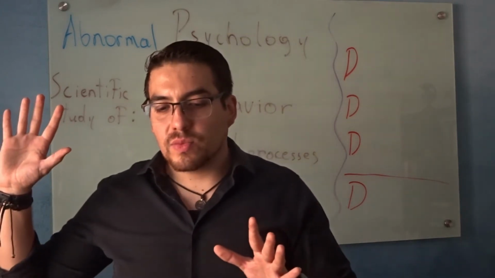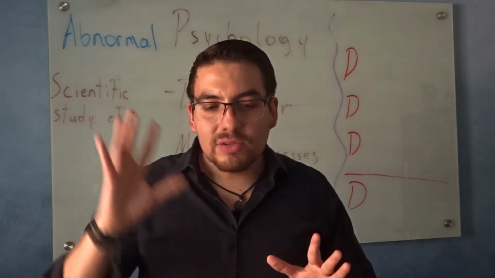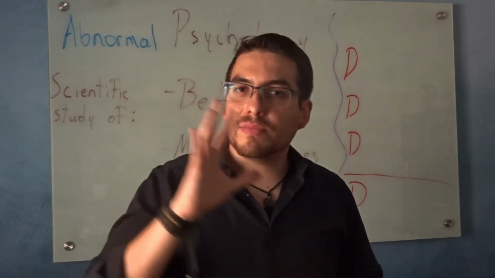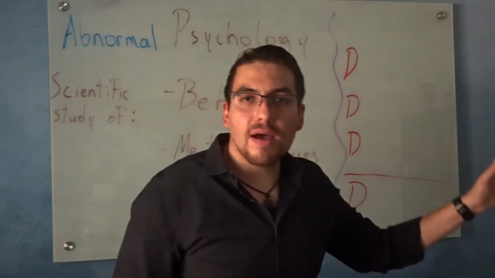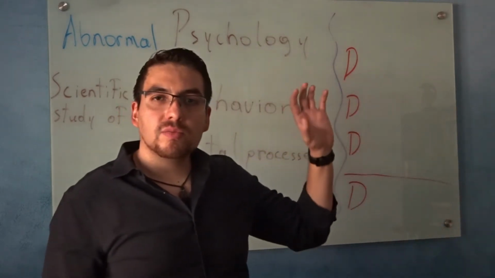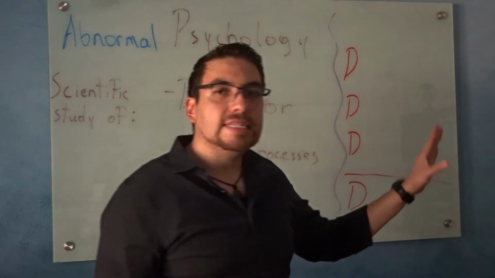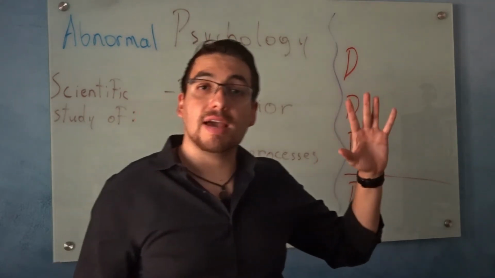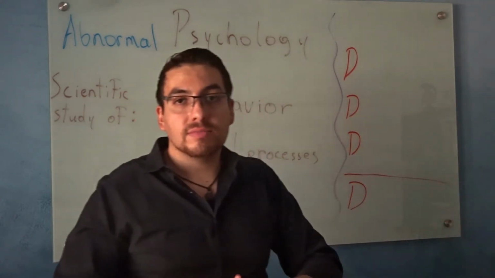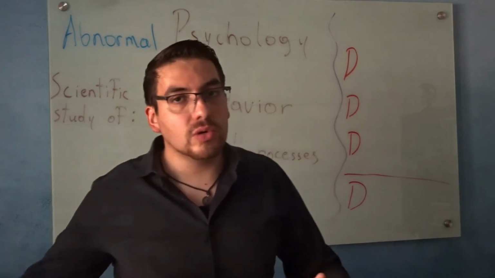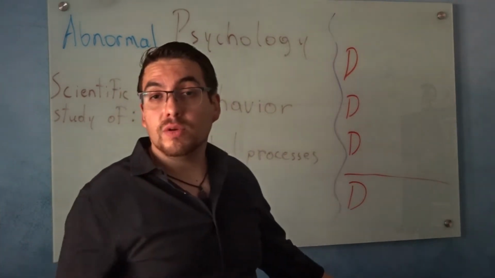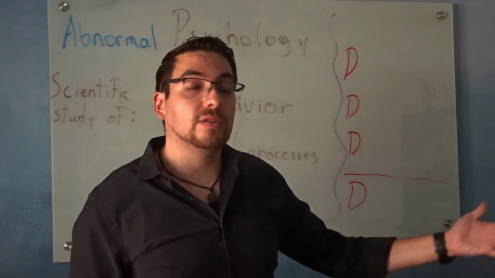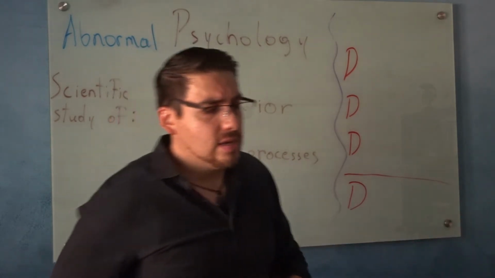So, what we're mostly interested in is something that is not only abnormal but is clinically a problem. In the field of abnormal psychology, we have 3 D's that describe when something abnormal becomes a psychological disorder. There's a golden rule, and you want to know this especially if you want to become a professional in the field of mental health.